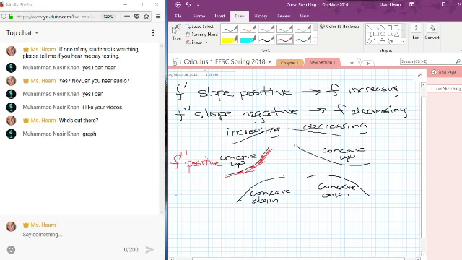And when the second derivative is negative, then the slope of the tangent lines is decreasing. So the second derivative is the slope of the first derivative, and it's going to be negative.